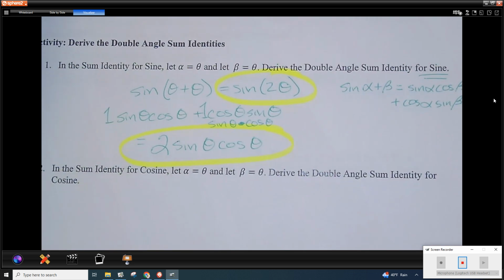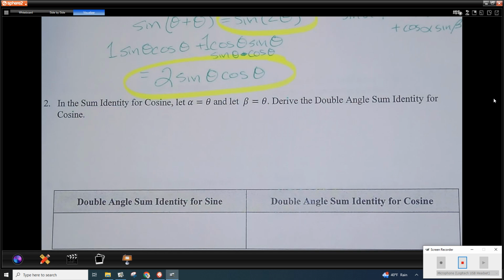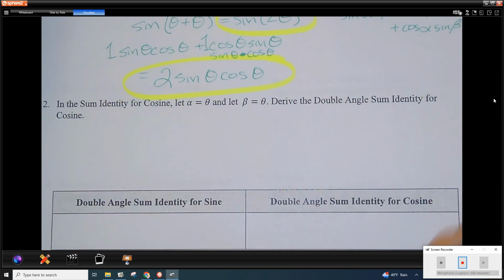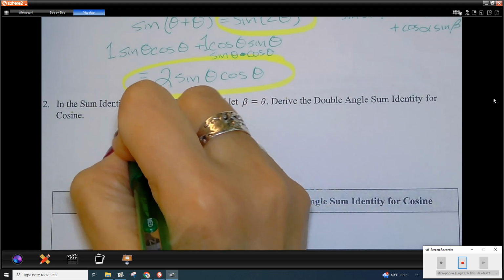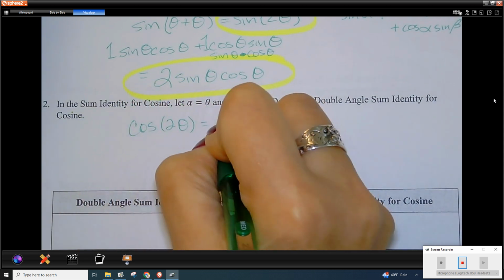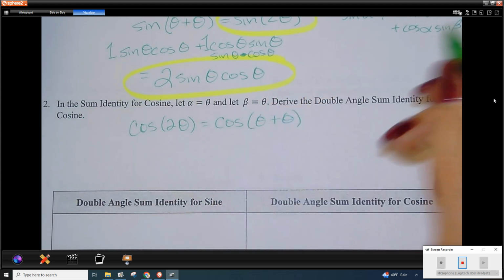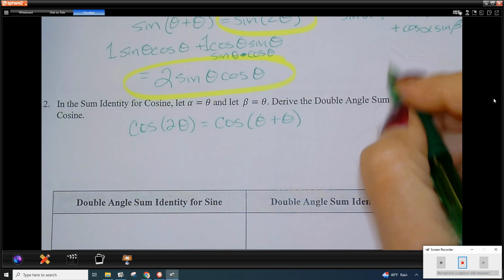Some identity for cosine. We're going to do the same thing, but using the sum identity for cosine. So cosine of 2 theta equals cosine of theta plus theta. Now remember to use the sum identity.